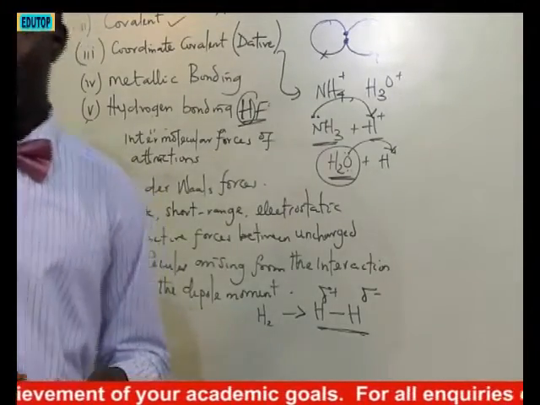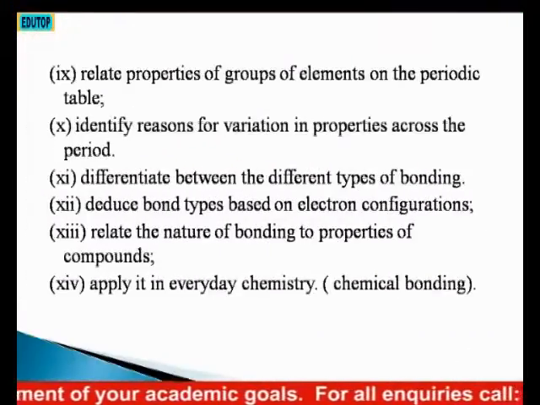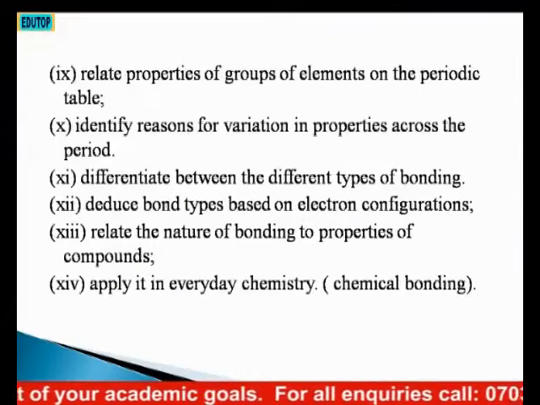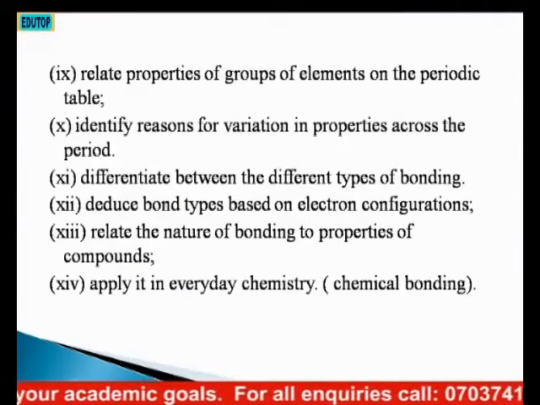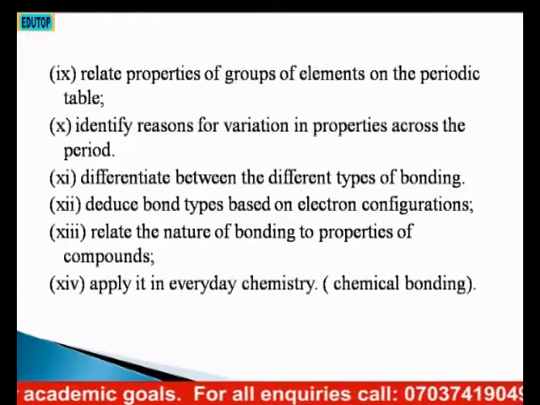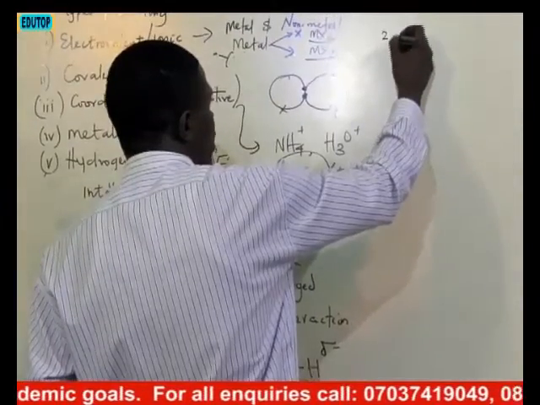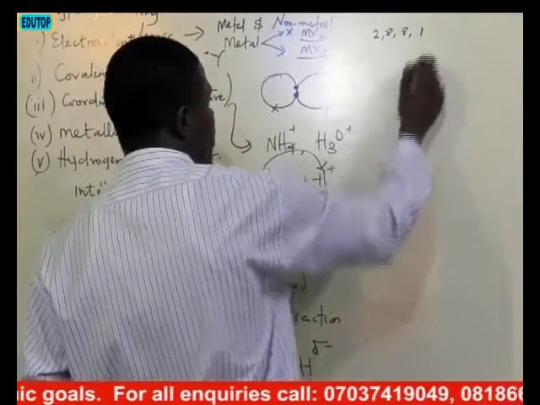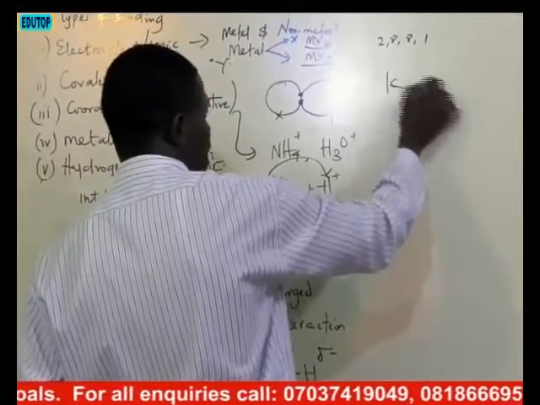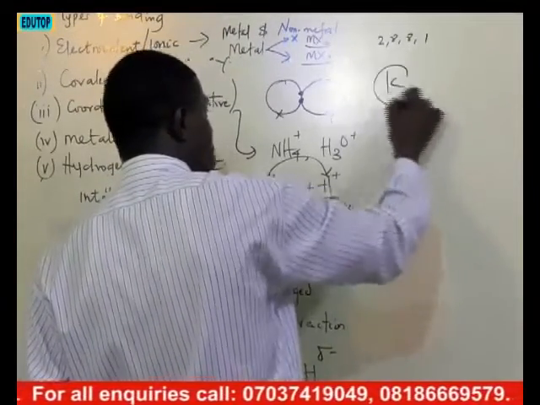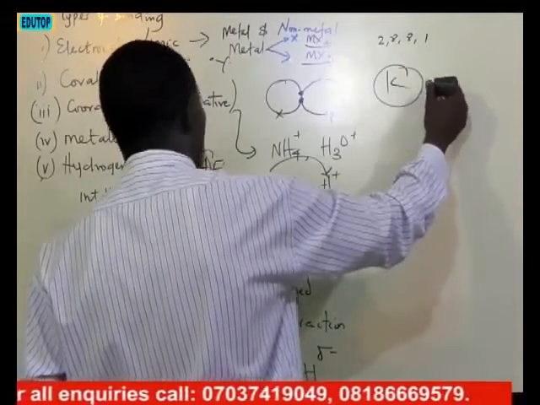Then let's look at deduced bond types based on electron configuration. Yes, you can also use electron configuration to deduce the bond type. Let's say 2,8,8,1. What is that? That is 19. That is potassium. Potassium will definitely what?